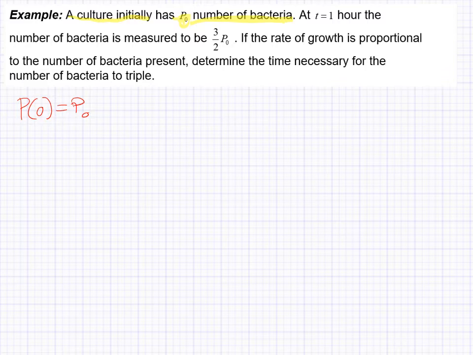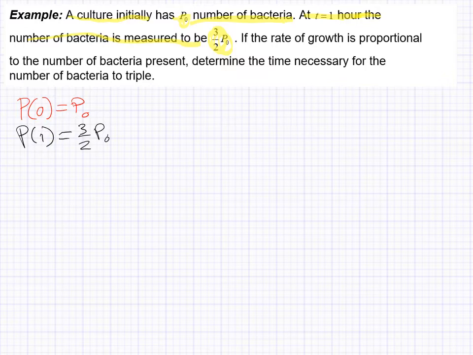And then when t equals 1 hour, the number of bacteria measured is 3/2 the initial amount. So what that's telling me is that when we plug 1 into this P function, we're going to get 3/2, so 1.5 times the initial amount after 1 hour.